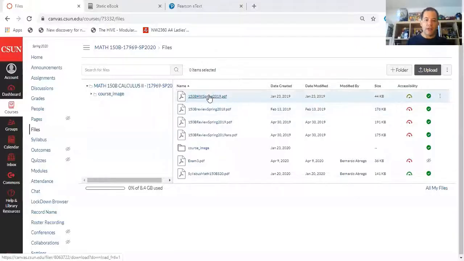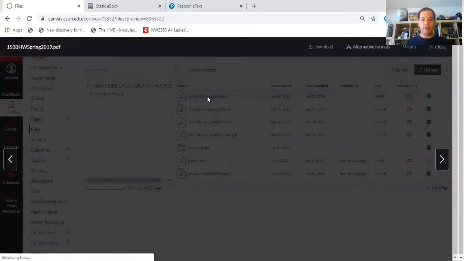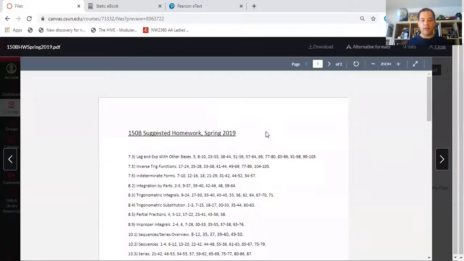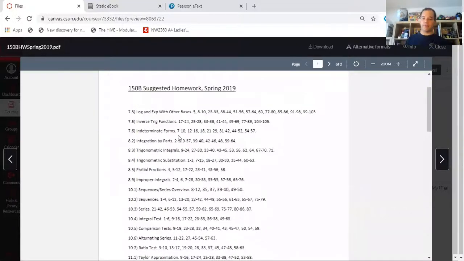If you go to our Canvas page and you click on Files, where I have the files available to you, let me show you right here. If you go to Files and you click on Homework, this first file, HW Spring 2019, you get a PDF, it will appear on the screen in a moment, and this has all the suggested problems from the book.